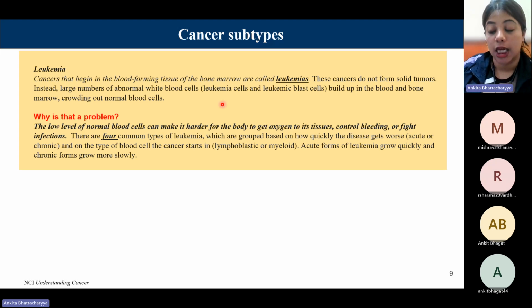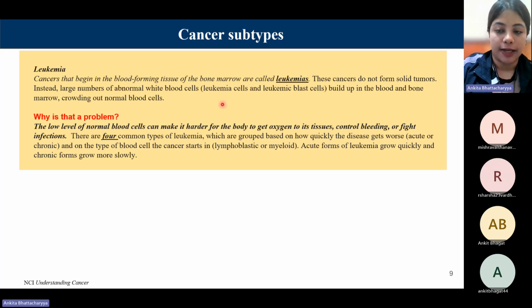And what happens in case of leukemia is that WBCs are formed. A, they are increasing in number. B, they are abnormal. They are not working the way a normal white blood cell is supposed to work. Because logically, WBCs are supposed to be the protectors of your body, like T cells or B cells producing antibodies, all of them are supposed to form your immune system.